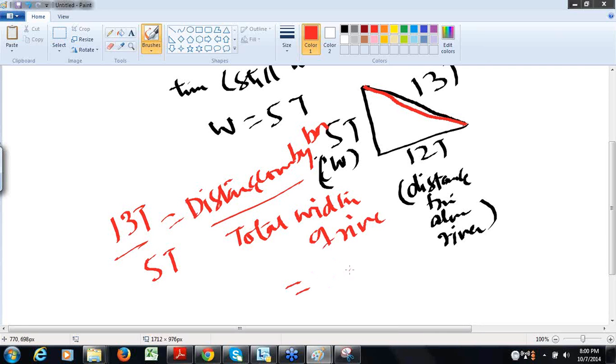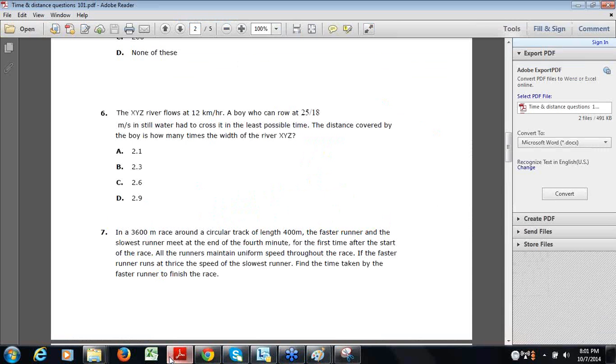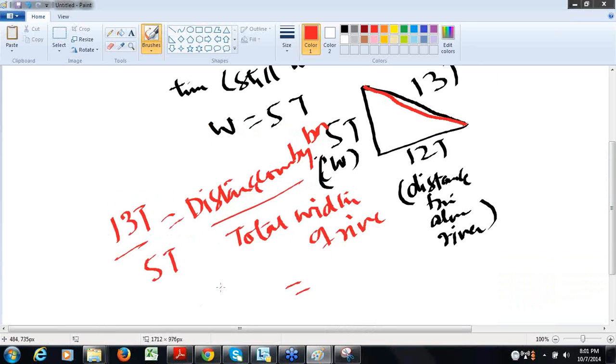Which is equal to 2.6 times. So we have option 2.6. Yes, we have option C, 2.6 times.